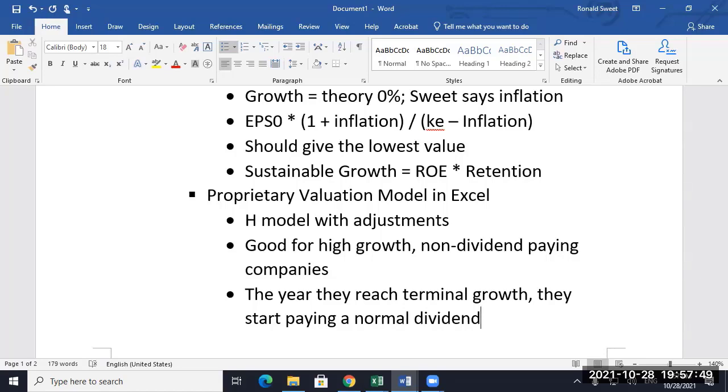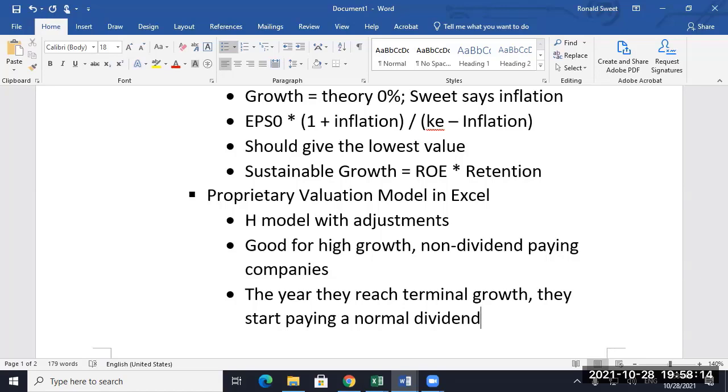And then you take the present value of those dividends. So the key is your earnings are growing fast, which is going to increase your dividends once they start paying dividends. If their terminal growth is 5%, but they're growing 9%, 8%, whatever, they don't want to pay dividends because they're growing so fast. So let's let them retain all their earnings until they hit that terminal growth, and then we'll start paying dividends and take the present value of it.